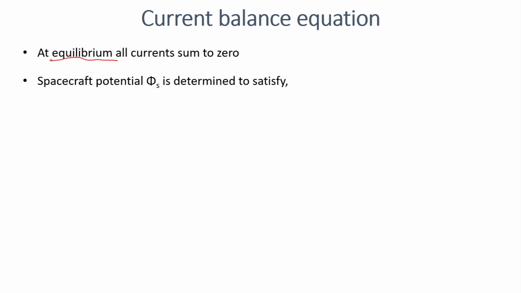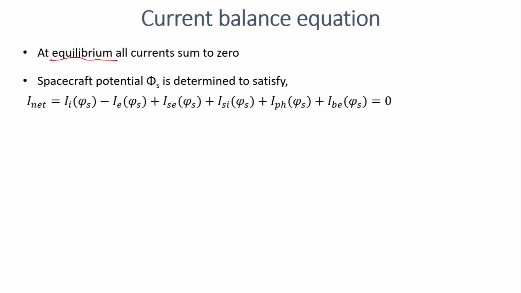So, if I consider phi s, the spacecraft potential, then I can write I net is equal to, these are the different current components we have already discussed. So, what is I phi s?